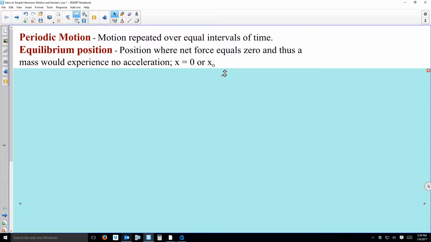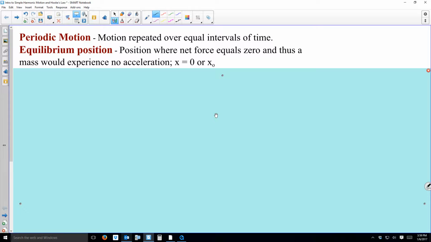Our mass on the spring, if we had video of Zach pulling on it before, just that mass hanging by itself, we would have seen that there's a natural place that mass wants to be, and that's called the equilibrium position. It's where it feels at rest. It's where the net force acting on that object is zero.